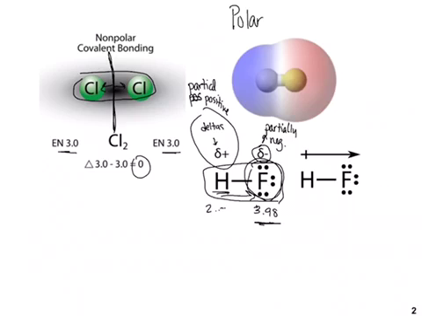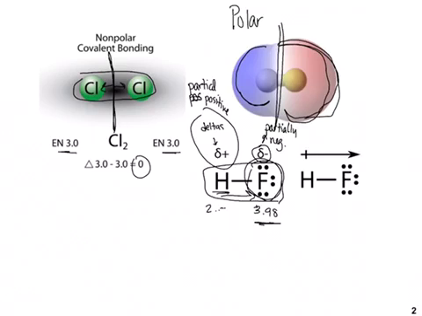So that gives the fluorine side over here a bit of a bulge to it because it's got that extra electron, and the hydrogen side is a bit decreased. And so now if you were to draw a line down the middle here, we don't have mirror images on either side. They're not the same.